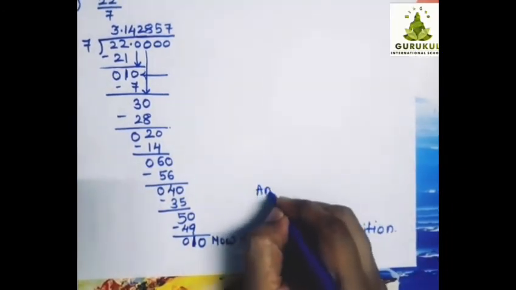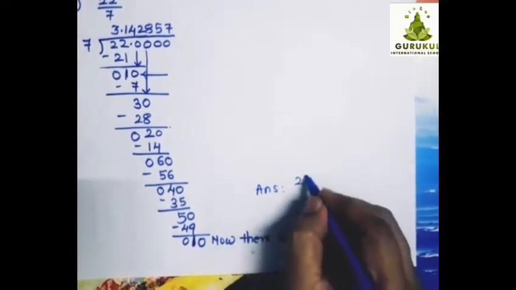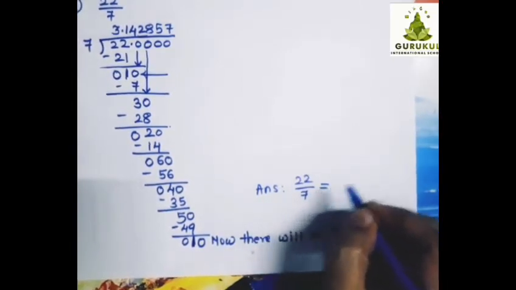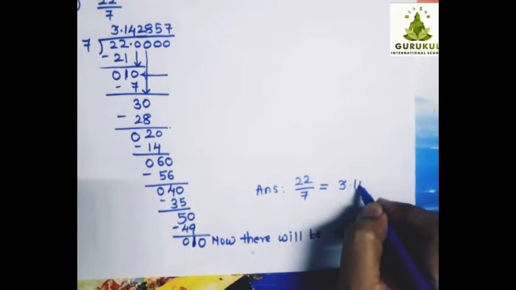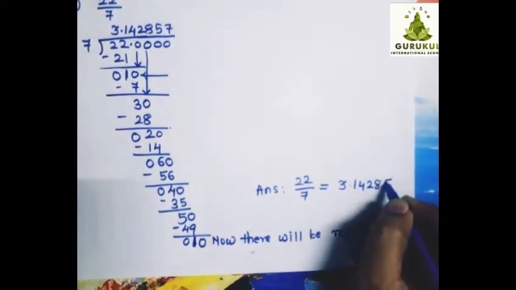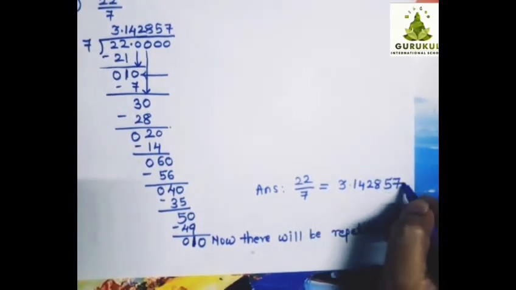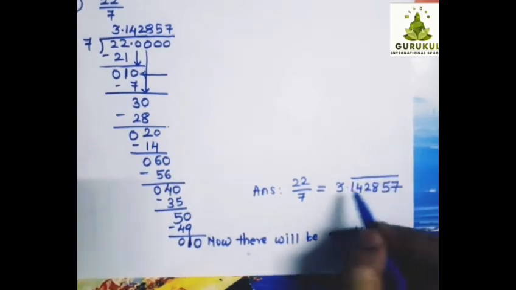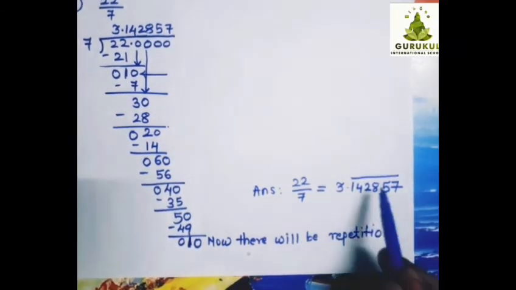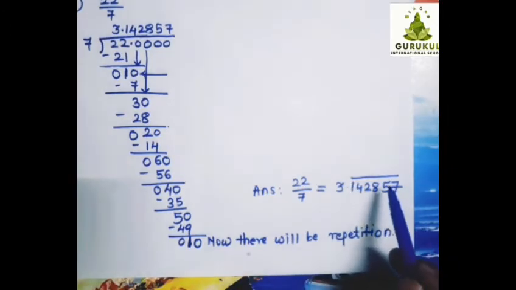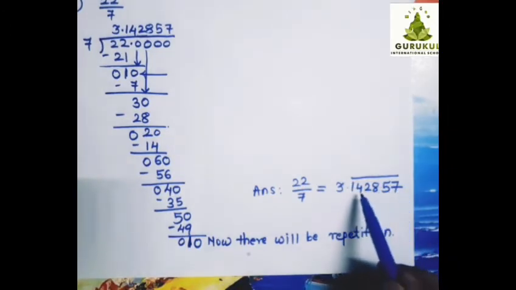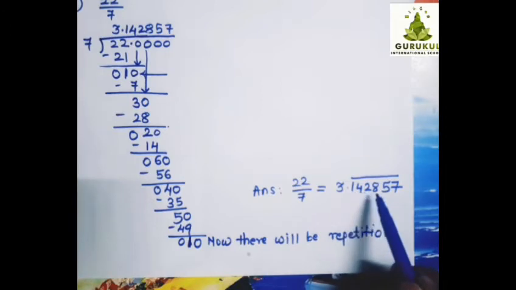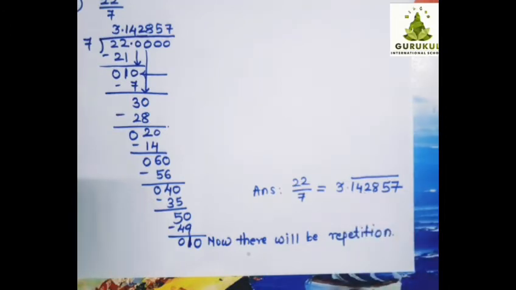While writing the answer, how do we write it? 22 upon 7 is equal to 3.142857, and on the top you have to put one line. What is the meaning of this line? The meaning of this line is that the group of numbers 142857 will repeat for infinite times.